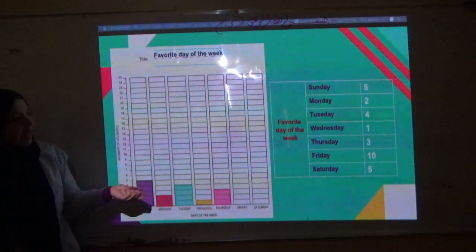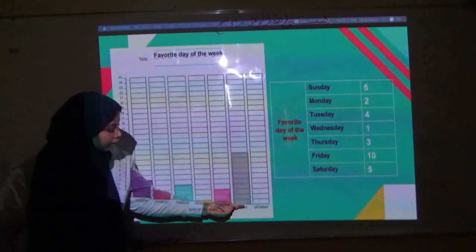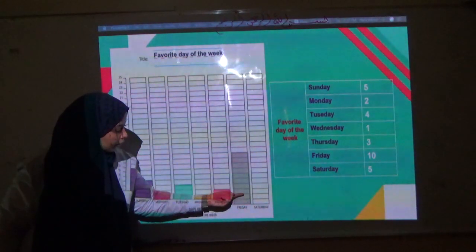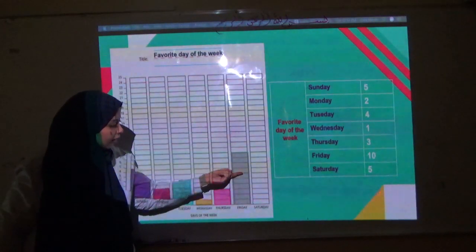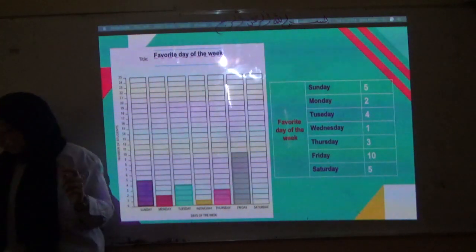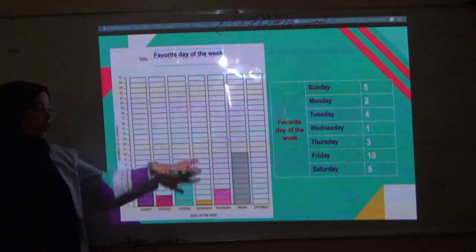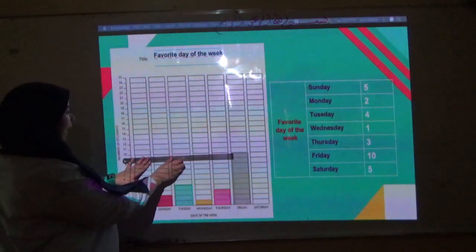For Friday, I have 10 students. I started from 0, 1, 2, 3, 4, 5, 6, 7, 8, 9, 10. And by the way, if the graph is so large for you, you can use your ruler so you can be accurate.